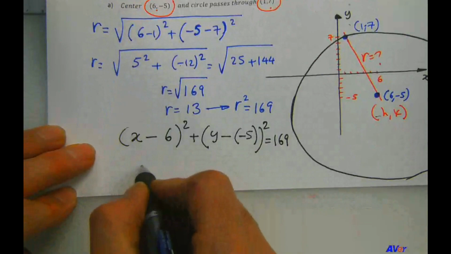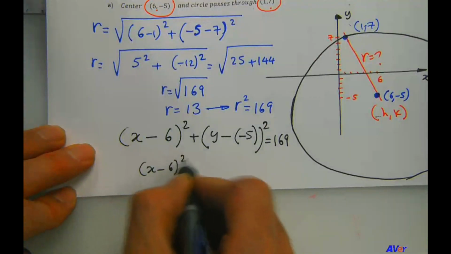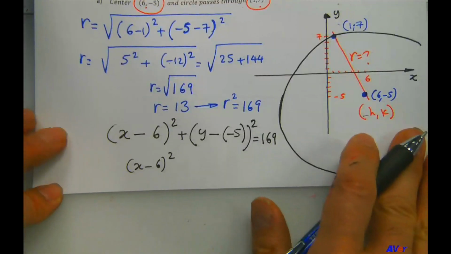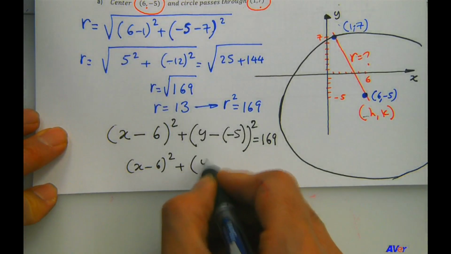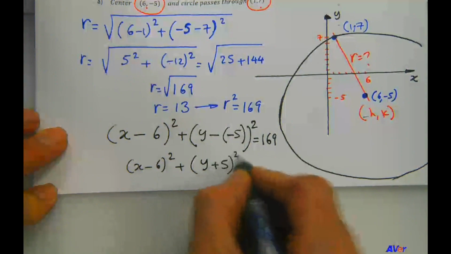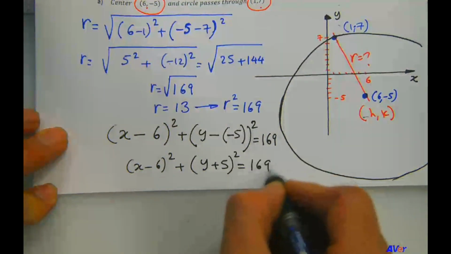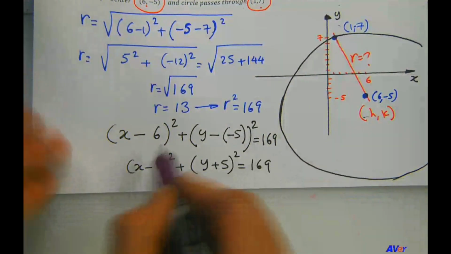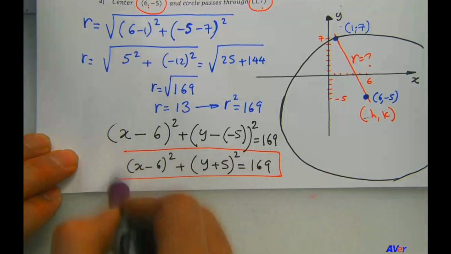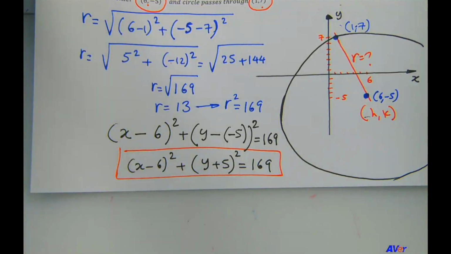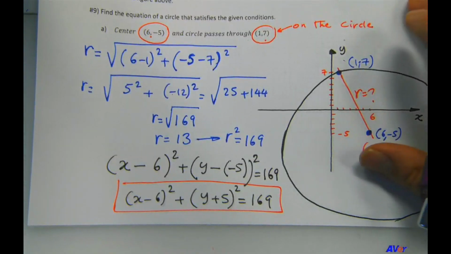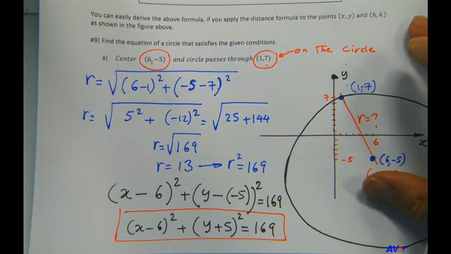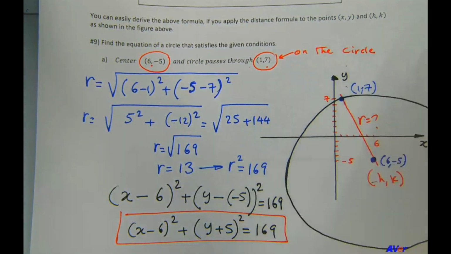We get (x minus 6) squared plus (y plus 5) squared equals 169. So this is the equation of the circle, given the information we had to begin with.